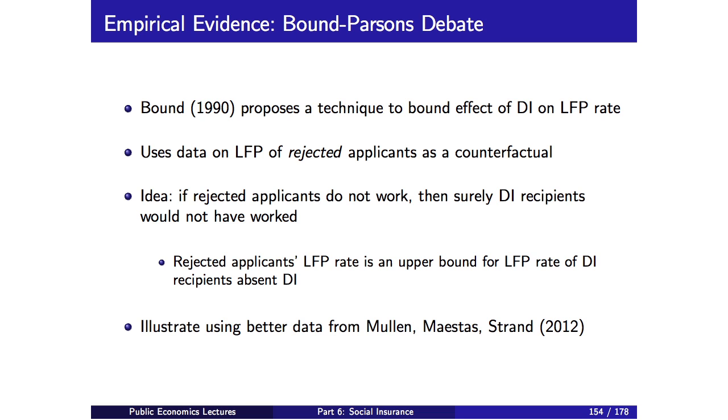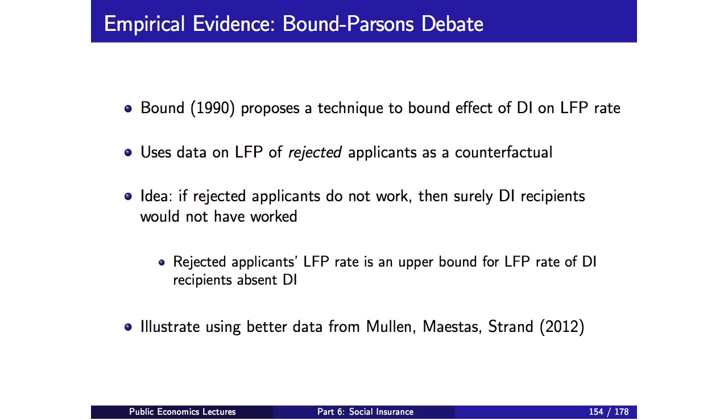As long as you think the disability examining board is doing a somewhat decent job of identifying the people who are more sick, then you would think that the probability that you work is declining with your health. Hence the people who get denied their claim, who are not getting DI benefits, should give you an upper bound on how much the other guys who are getting DI benefits would have worked in the absence of DI, right?